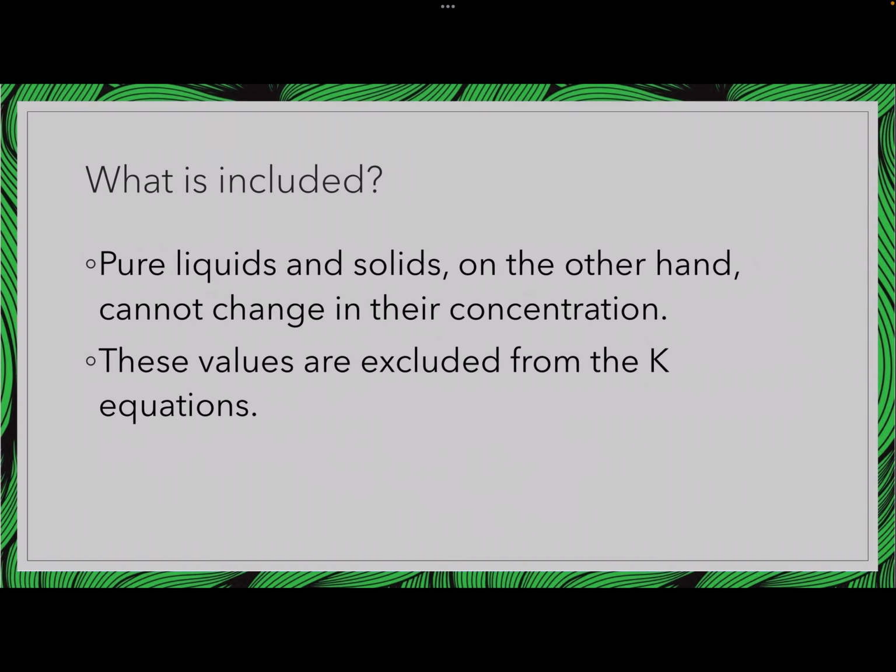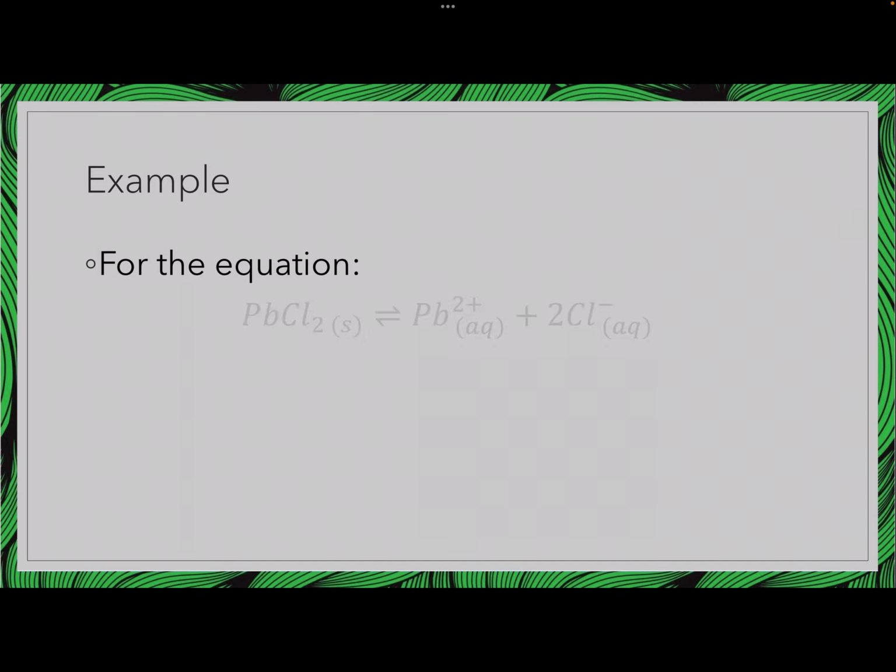So, having a look at an example: for the equation lead chloride solid in equilibrium with lead 2 plus ions aqueous plus 2 Cl minus aqueous. Again, it's going to be products over reactants. Our products are Cl minus, so we need the concentration of chloride ions, times the concentration of lead ions.